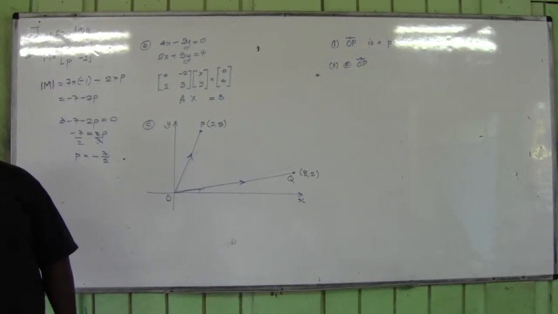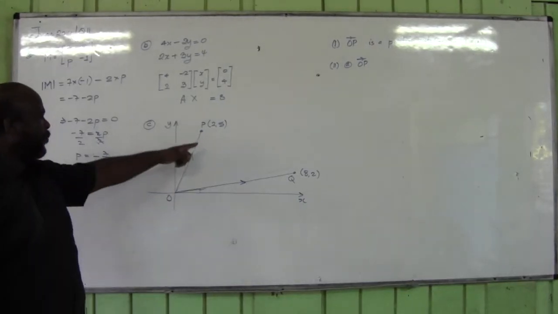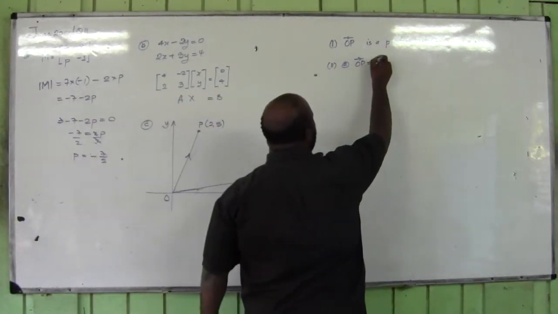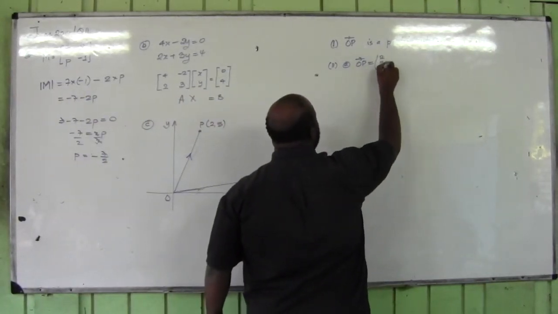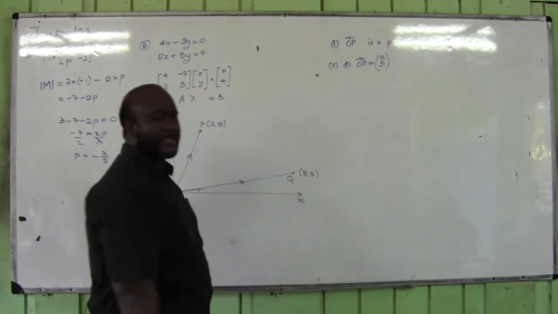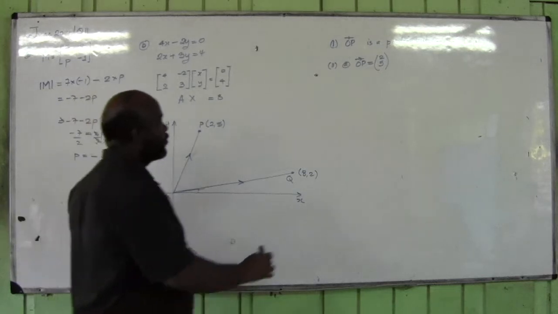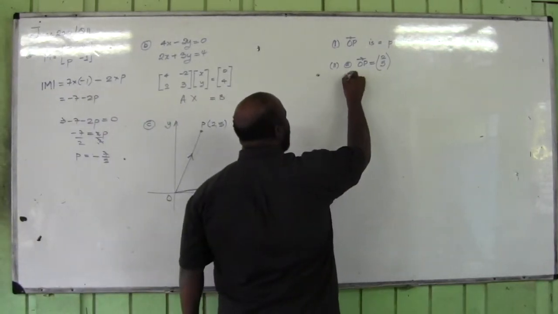For a position vector, the coordinate and the vector have the same value. You remember that? Yes, sir. So if this is the point 2, 5, it means that OP is the position vector 2, 5. That's all you have to do. That is 1 mark. B, OQ.